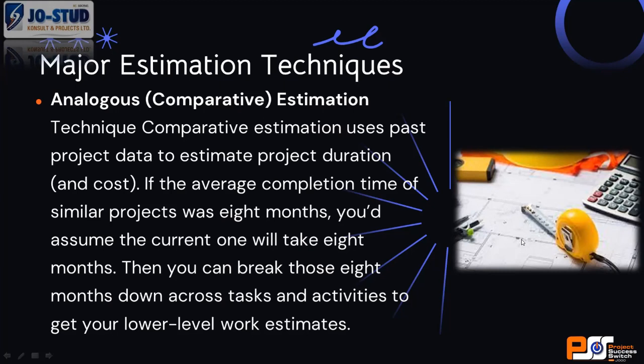Now, most times, from my own experience, when my analogous estimates are very far from the QS's BOQ, it means there are some certain assumptions that I made that may not be correct. For example, analogous estimate, like I just said, sometimes you may want to build in inflation factors.